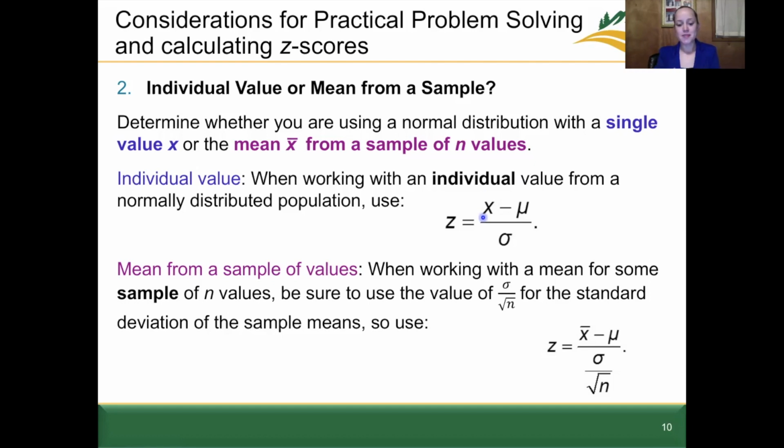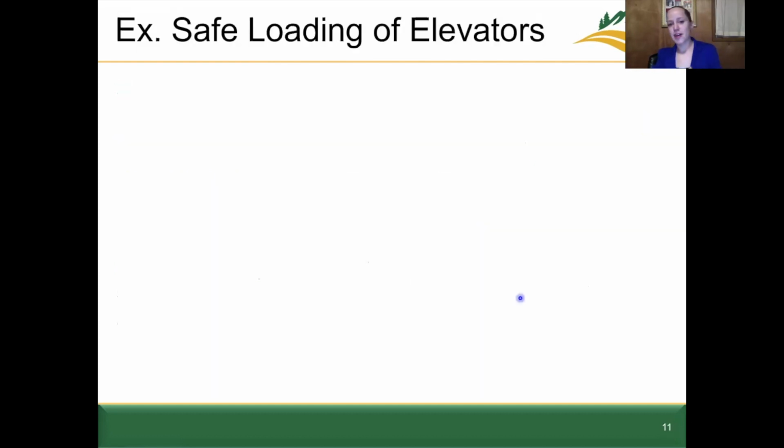Then if we find the mean of all those values in lowercase n, that's an x bar value. Keep these in mind as we're trying to figure out the z-score. You may need to take the standard deviation first divided by the square root of lowercase n. Let's start practicing this now.